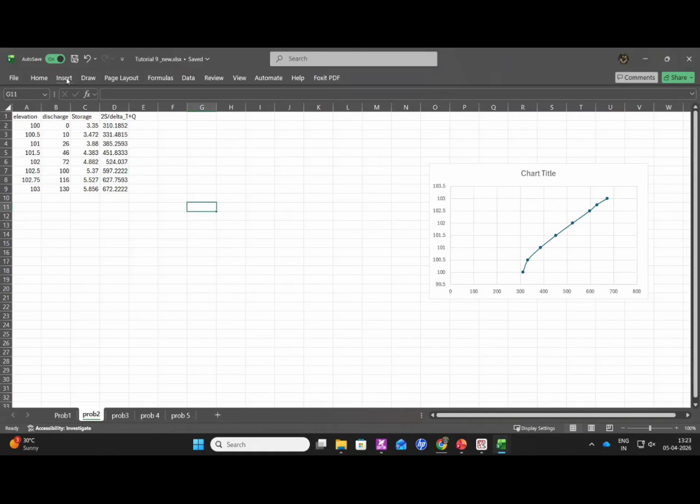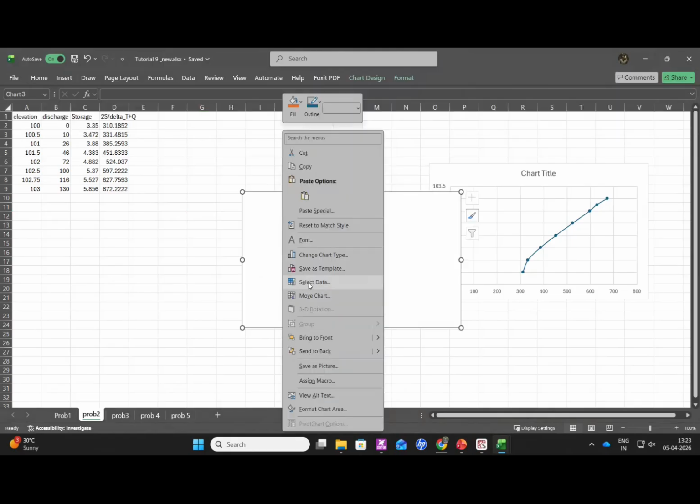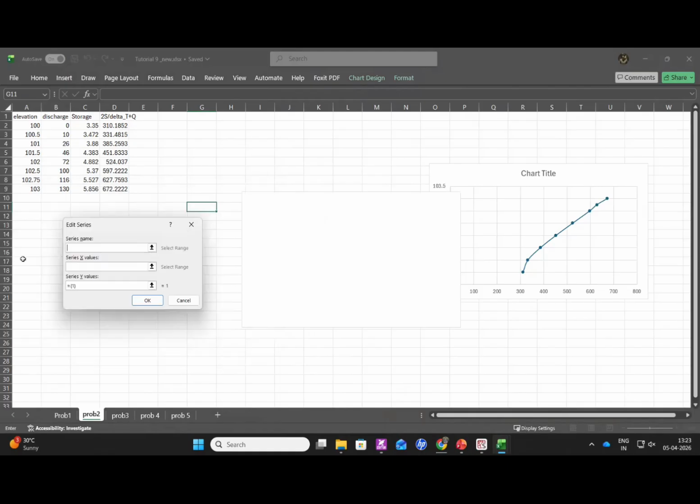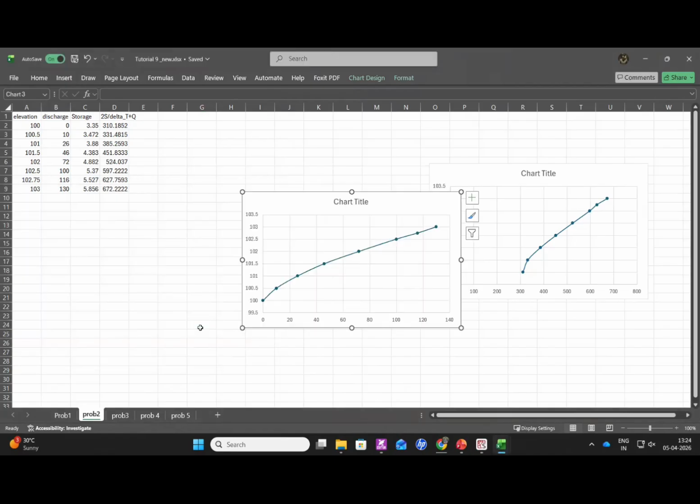The second plot is between Q and H. This time on the x-axis we plot the discharge, and on the y-axis again the H. These two are the plots you first need to create, and then we can proceed with the calculations.